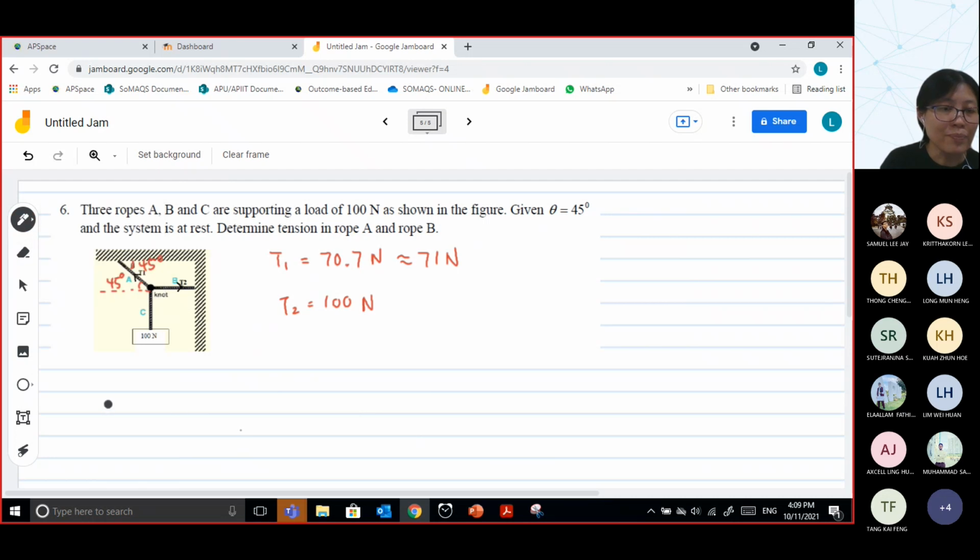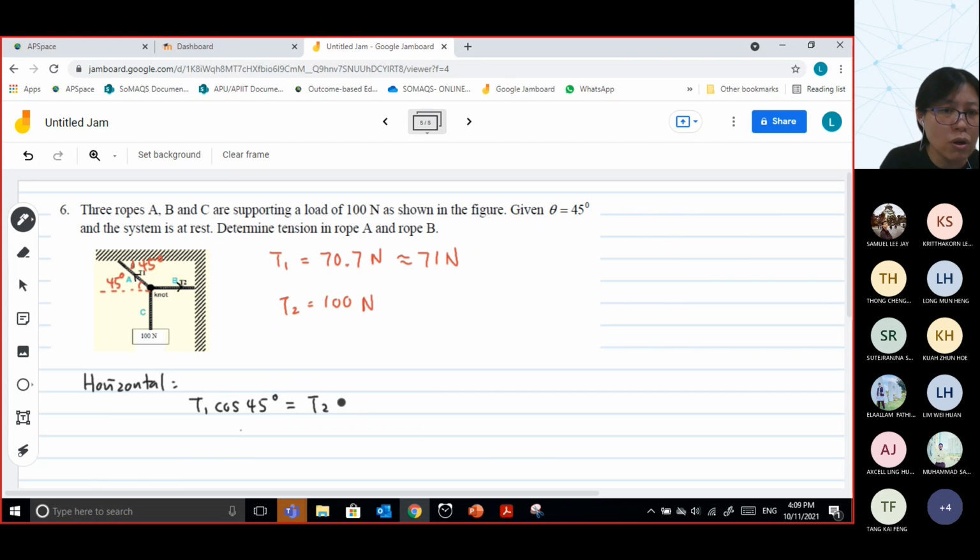Okay, so now, for the horizontal, let's start with T1. T1 cos 45, that is to the left, right? Then T2 to the right, okay?